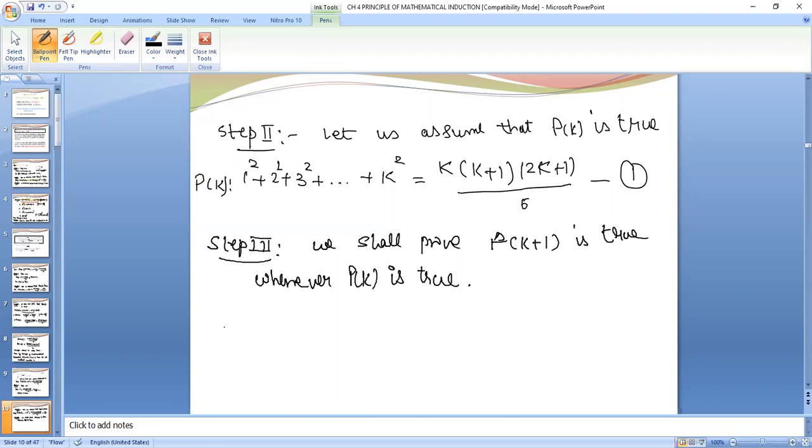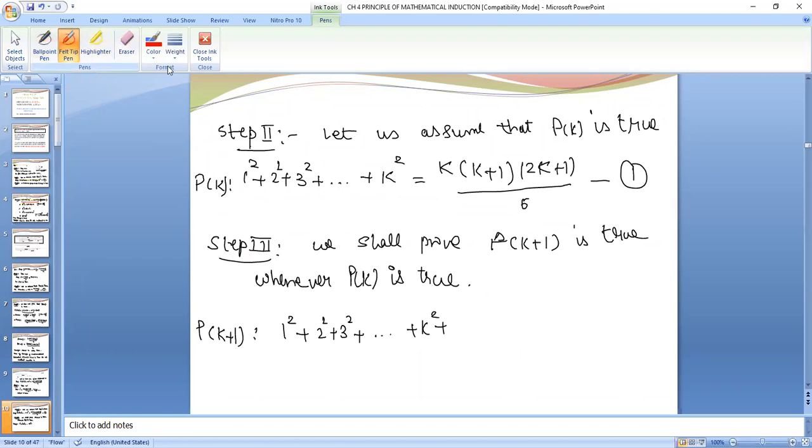So for proving that, we take the statement P of k plus 1, which will be 1 square plus 2 square plus 3 square plus and so on k square, plus in place of k we write k plus 1 whole square. Note this step. What do most of the students do?